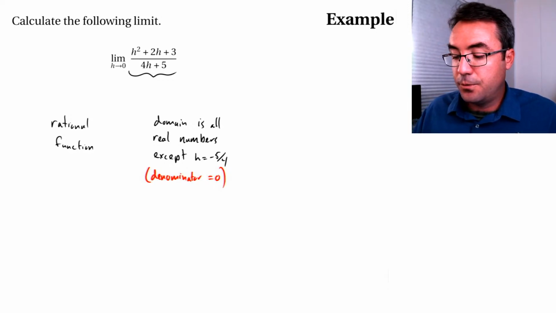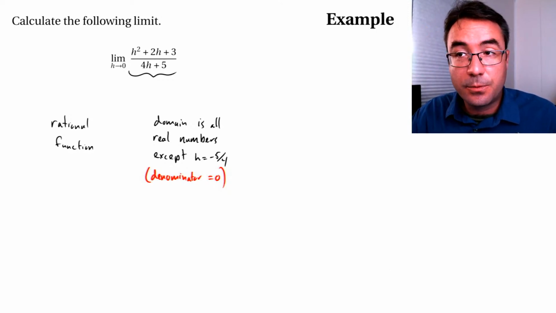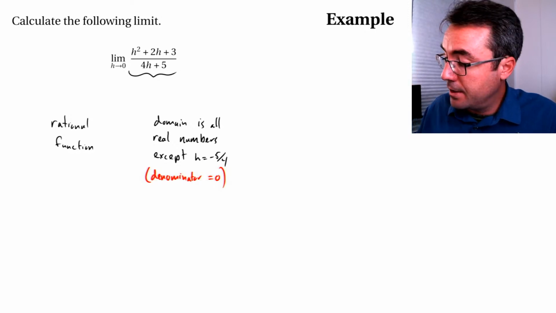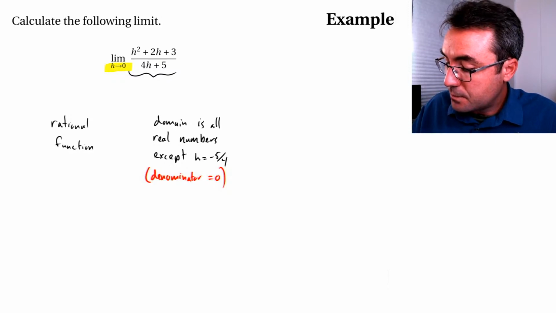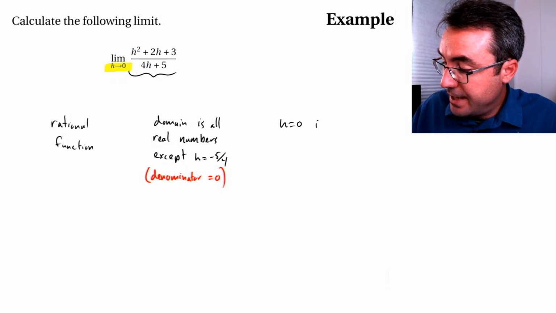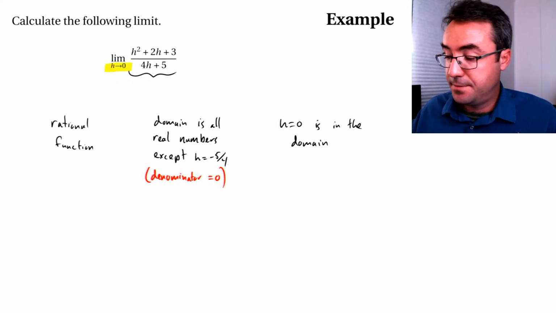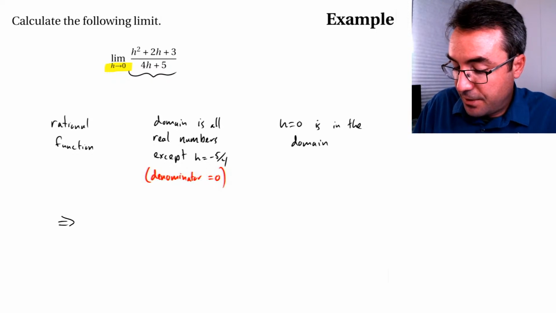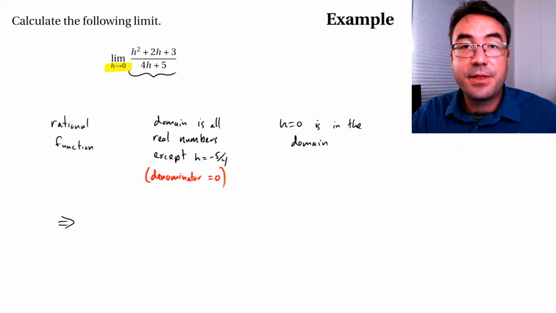All right, so we've identified that this is a rational function. We've identified its domain. It's all real numbers except that one particular one. And then the number that we're approaching, h is approaching 0. Well, h equals 0 is in the domain. So the way we can calculate this limit then is, because of all of that, we know it's a rational function. We know its domain is everything except negative 5 over 4.